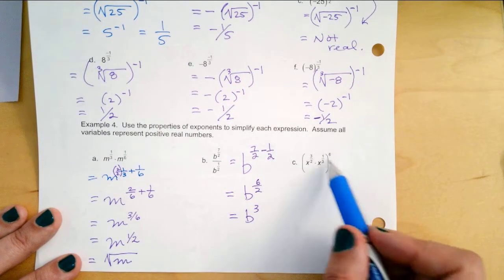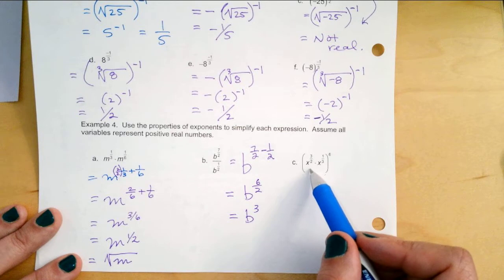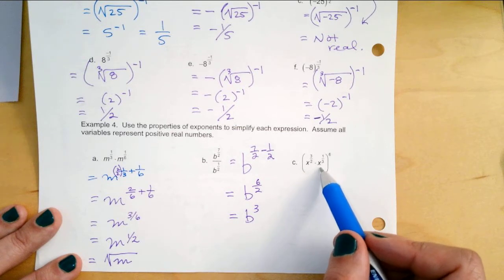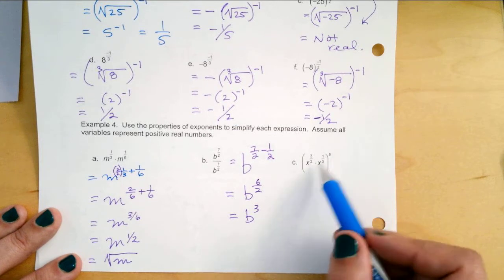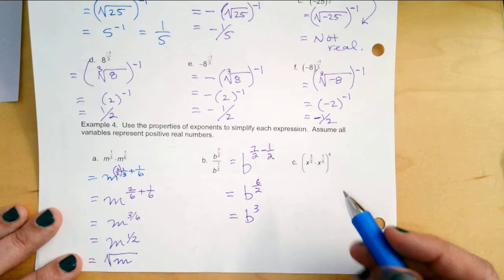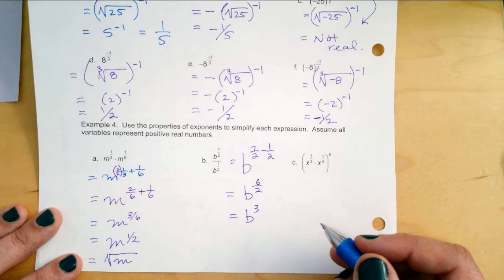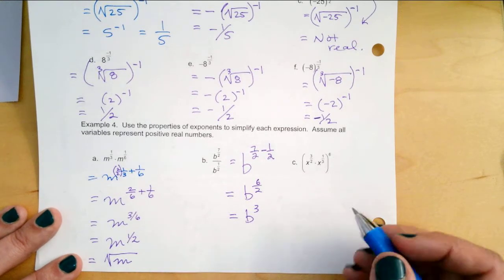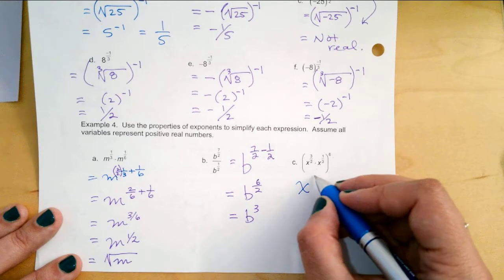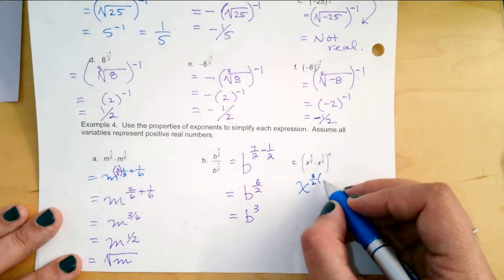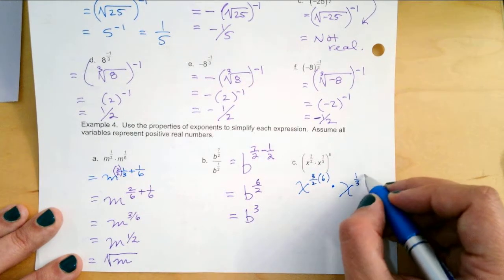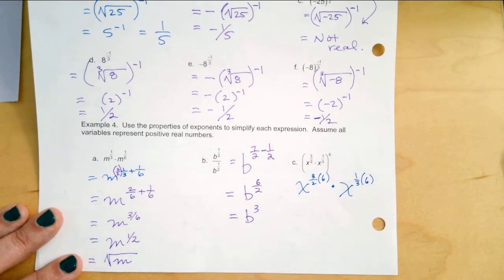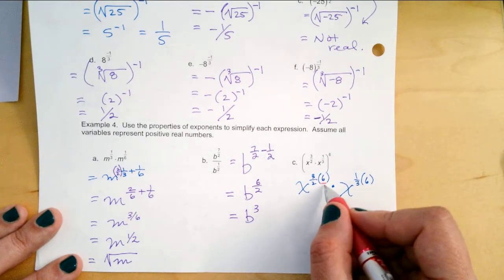Now, what could we do here? We have x to the 3/2 times x to the 1/3 all to the 6. This is power to a power, right? So what do we do with the exponents? X to the 3/2 times 6 times x to the 1/3 times 6. What are some fancy ways to multiply these fractions here?